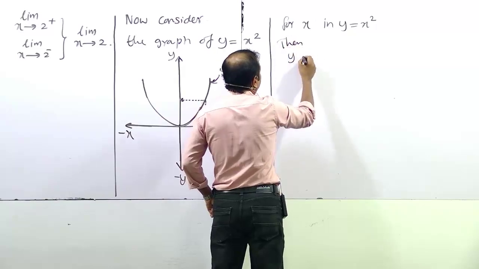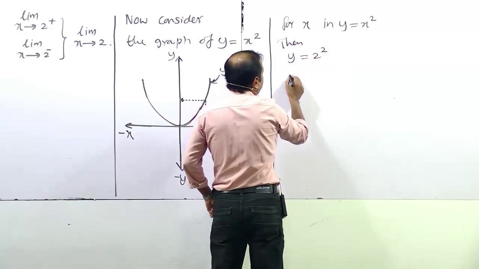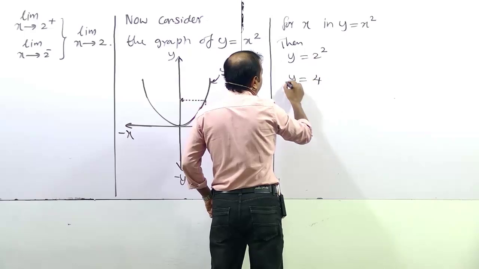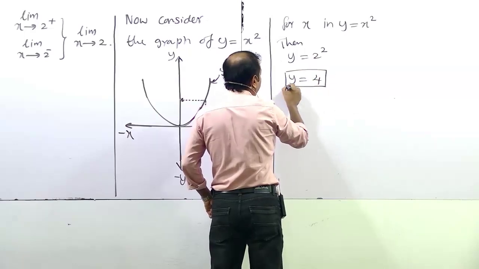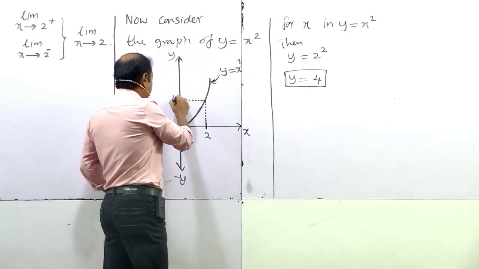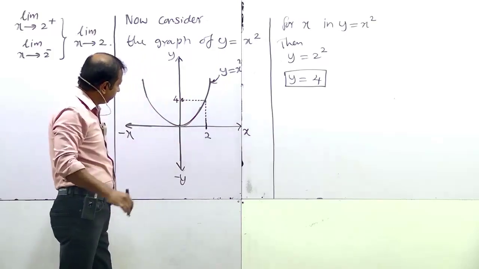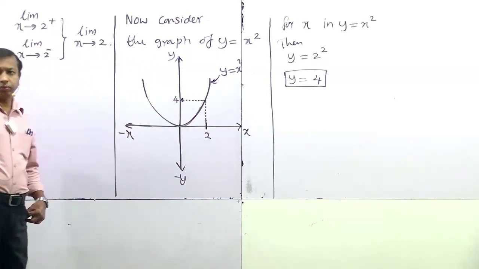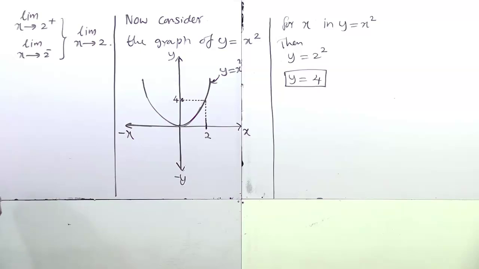Then y equals 2 squared, 2 squared is 4, y equals 4. This is 4.